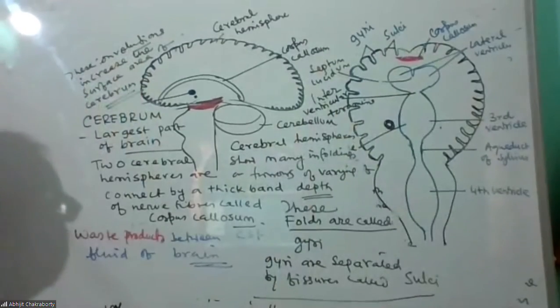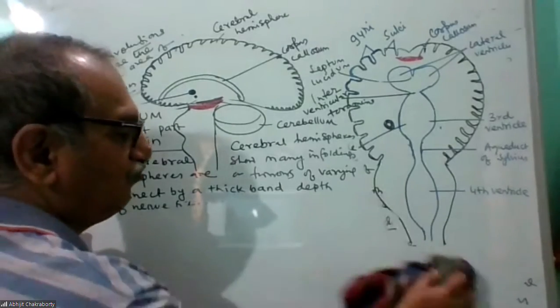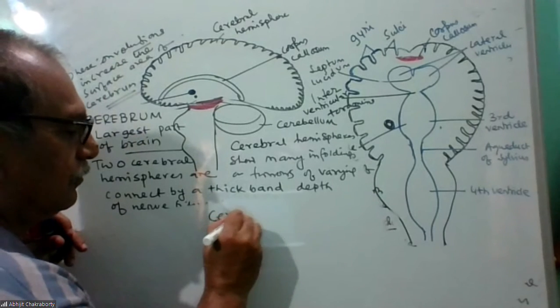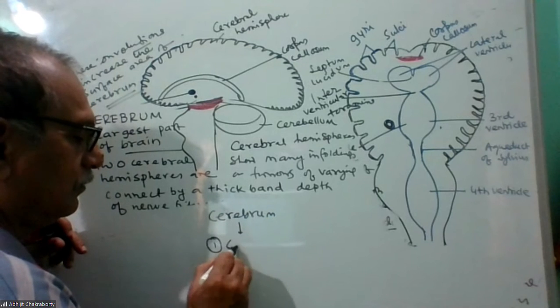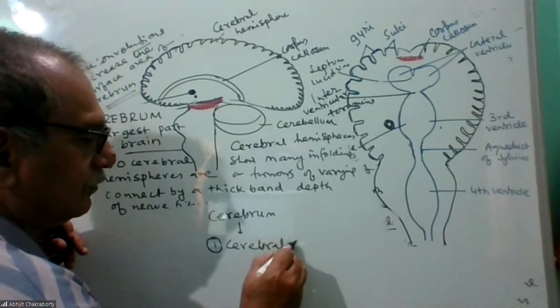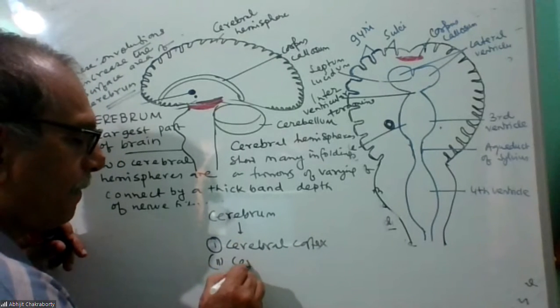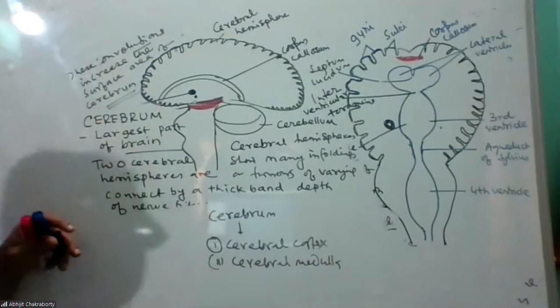Now, as you know, in the cerebral cortex, basically the cerebrum, you can divide the cerebrum into two parts: cerebral cortex and cerebral medulla.